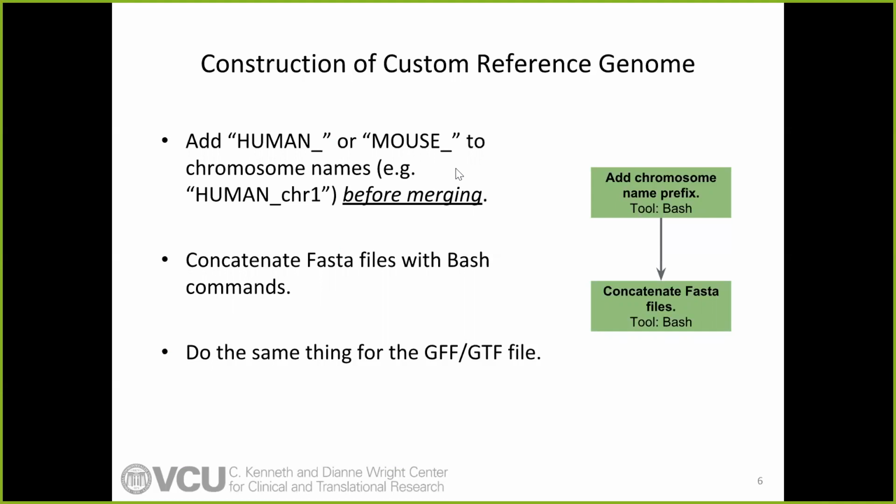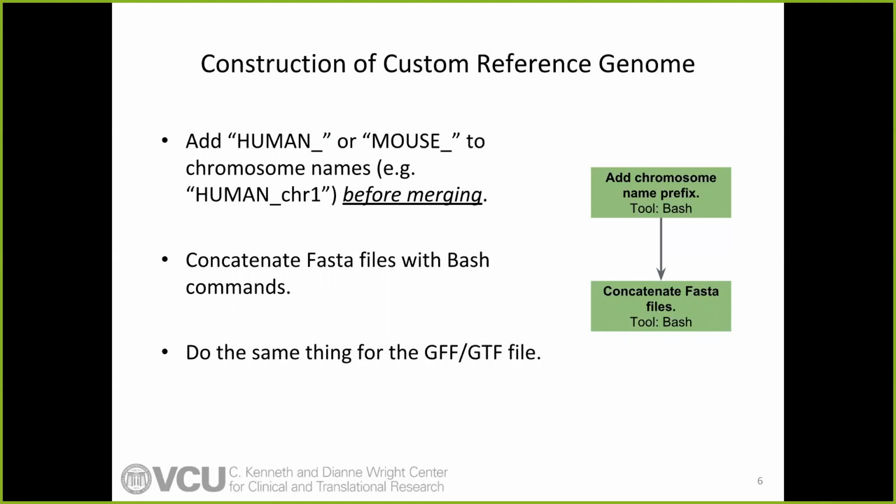chromosome names. Because in human, chromosome 1 is named CHR1, and in mouse, chromosome 1 is also named CHR1. So if I just manually concatenated the FASTA files, I'd have two chromosome 1s, and I wouldn't know if it came from human or mouse. So I manually tagged human chromosomes and mouse chromosomes, and then just mashed the files together.